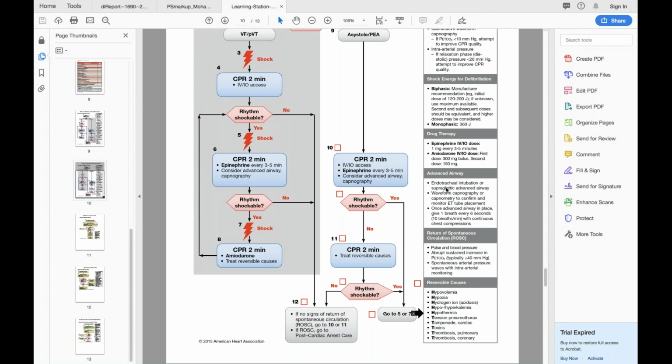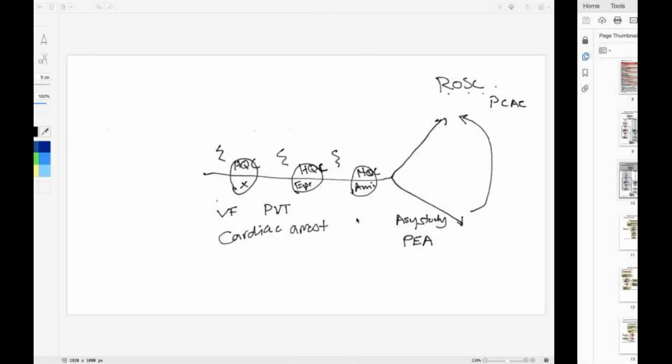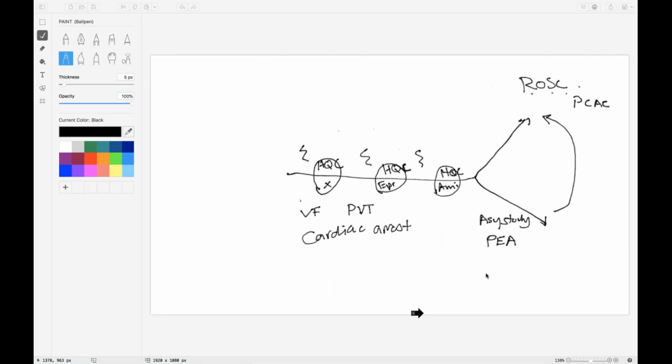Until now, this is all about these things over here. The patient who came, we can catch the patient over here. Nobody knows. Then what we will do, it's asystole or PEA, so high quality CPR and epinephrine.